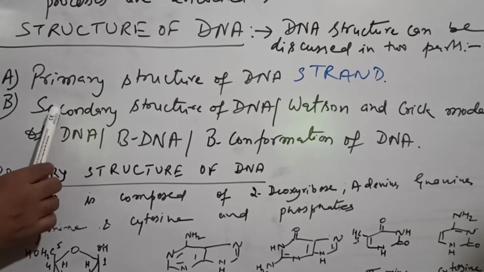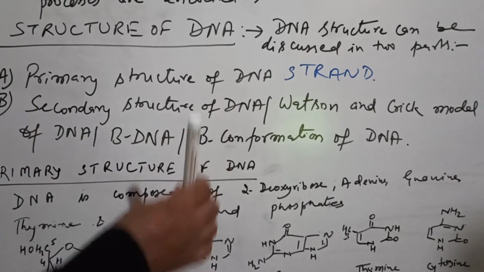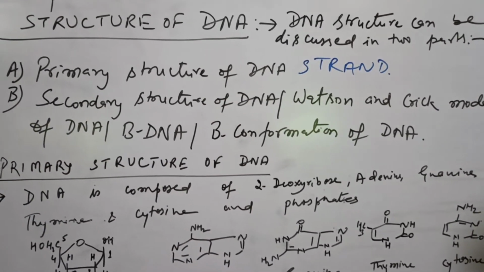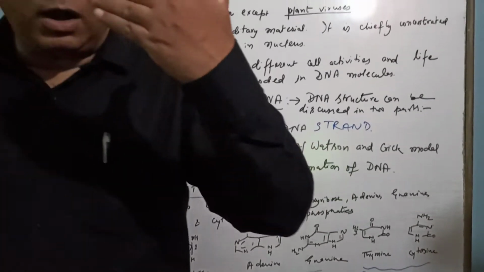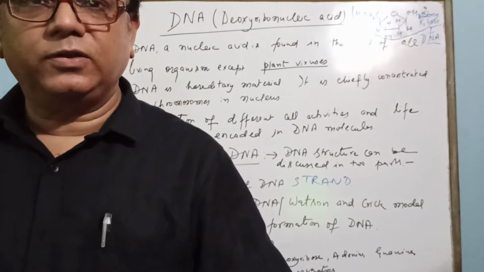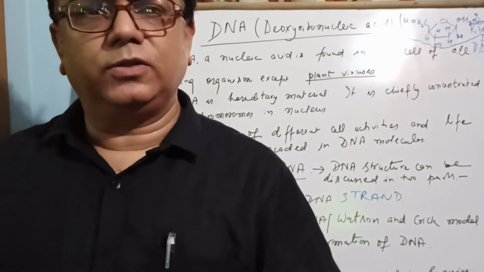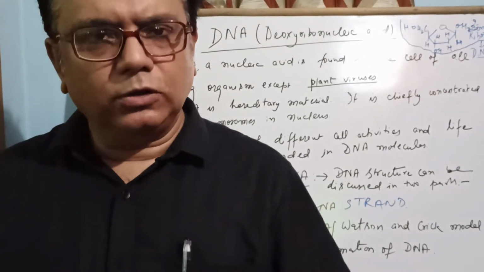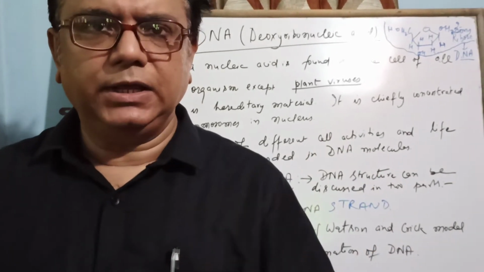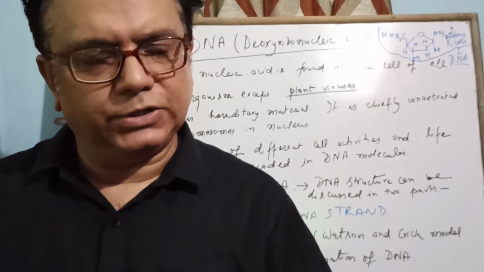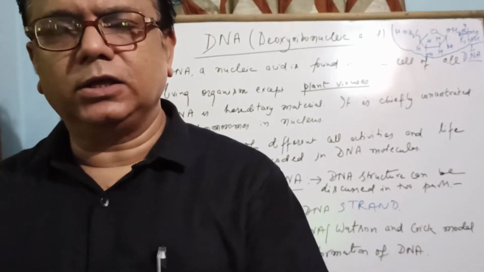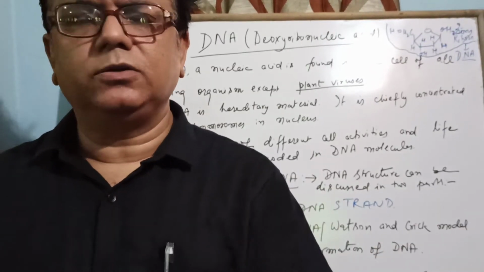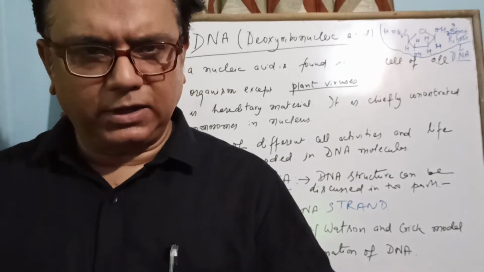The second head is the secondary structure of DNA, which is also called the Watson and Crick model of DNA because they discovered it. It is also called nowadays B-DNA or B conformation of DNA.